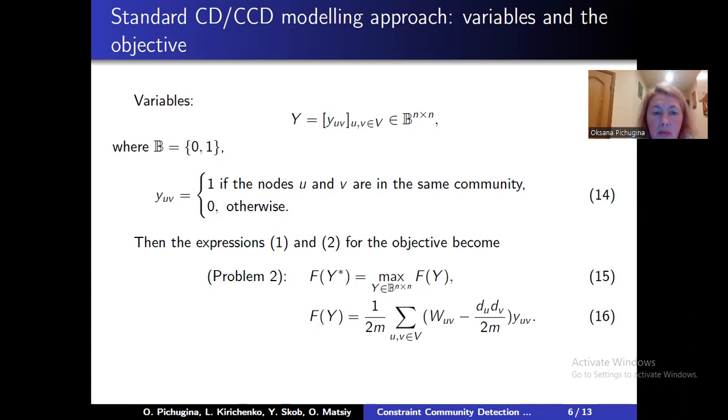And this is one way to do the transition, which is the standard approach, where variables form a matrix Y, where Y_UV equals 1 if nodes U and V are in the same community and 0 otherwise. In this case, the objective function takes form 16, which is a linear function, and our objective is to maximize this. We call this Problem 2.